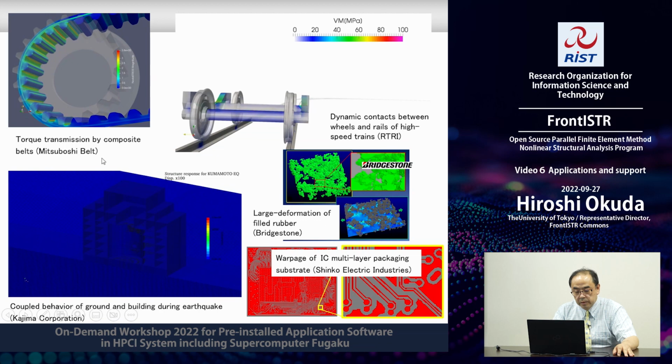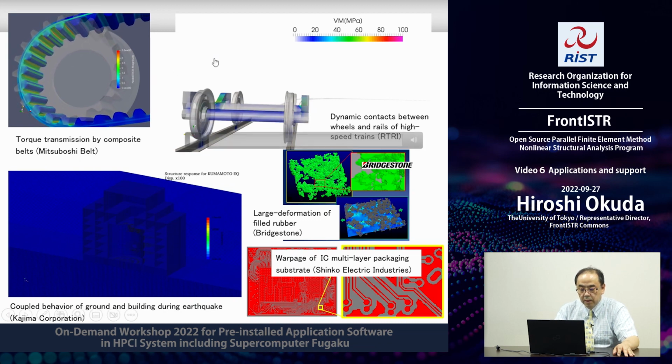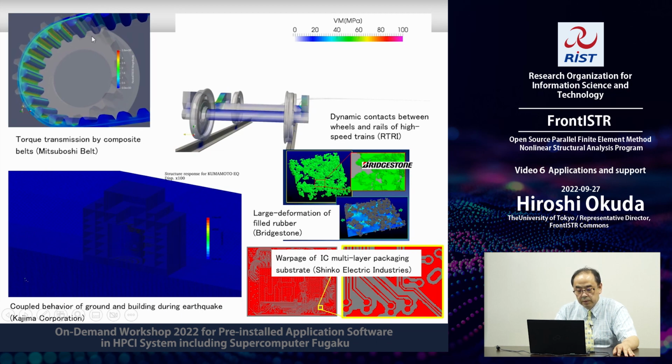The counterpart is Mitsubishi Belt. So as you can see, the torque is transferred from the forward plate to the backward by the friction force of the rubber belts like this.